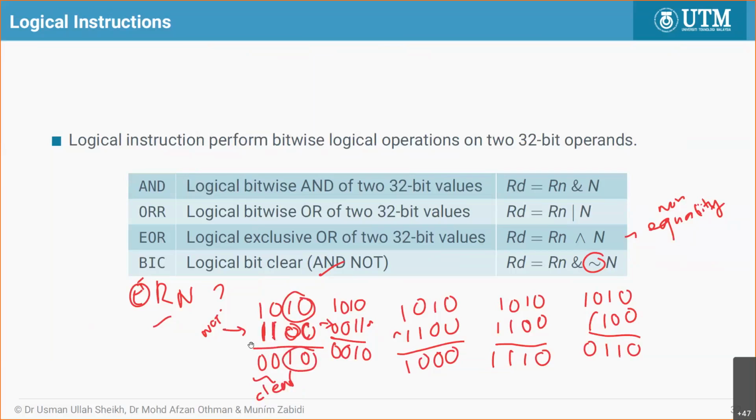So there is bit clear, and the new instruction available on some models of Cortex. I'm not sure whether it's on the Cortex M4, the OR NOT. It will be like the OR, but invert the mask. I don't put it here because I don't see too many examples of it.